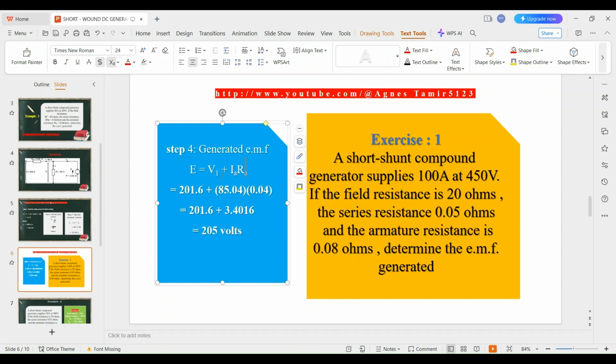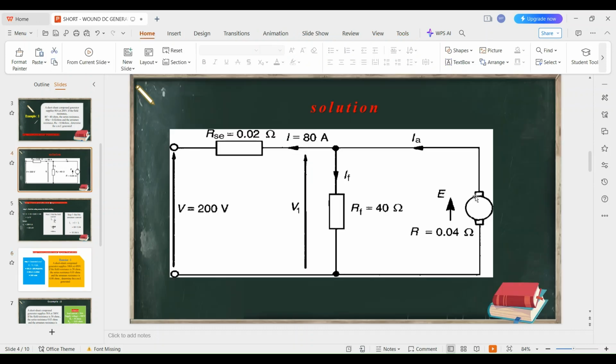So EMF will be given by the terminal voltage plus the voltage across the armature. And our armature current we have seen is 85.04 amperes, and our armature resistance is 0.04 ohms.